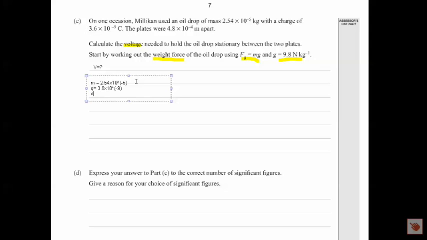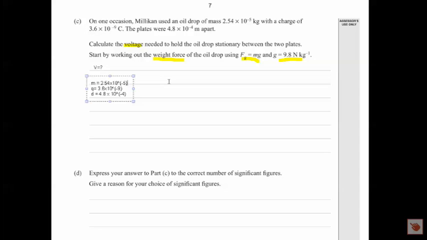And there's a distance given of 4.8 times 10 to the negative 4. Alright. Now, it's definitely not a waste of time to have tracked this data, because now I don't need to pull it out of the paragraphs.